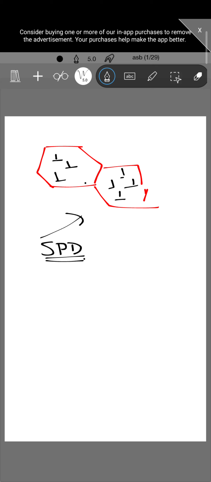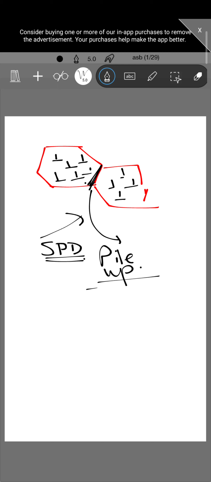Plastic deformation means that new grains have been created, and the grain creation is such that there is pile up at the grain boundaries. Grains start to pile up at the grain boundaries, and the energy is so high that it leads to refinement of the grains.